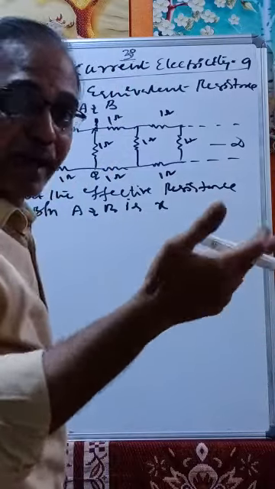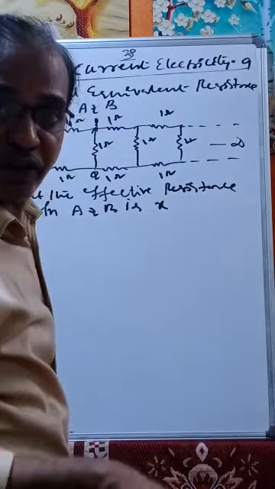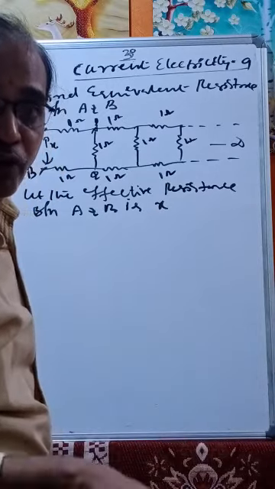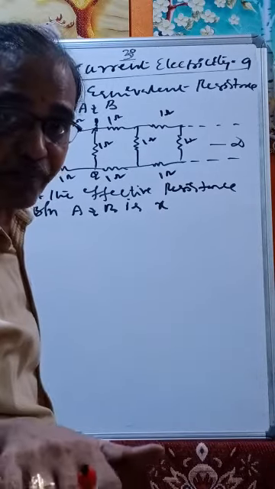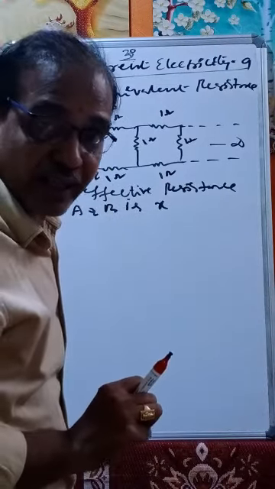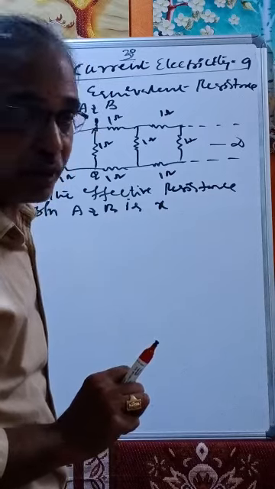Because infinity minus one part is also infinity, infinity plus one part is also infinity. Therefore we find no difference when we remove a single part from an infinite circuit.